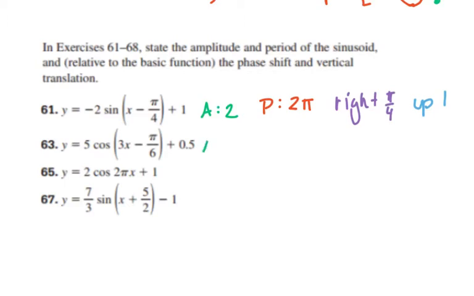So amplitude here is 5, continuing on, amplitude is 2, and amplitude here is 7/3. Then we can continue with our period. So period is going to be 2 pi over 3 in this one, because of that value there. This next one, I don't know why they don't have parentheses around it, but I assume that is within there.